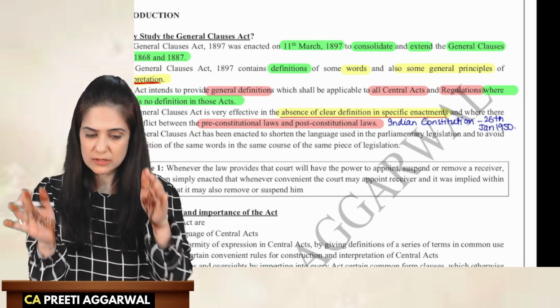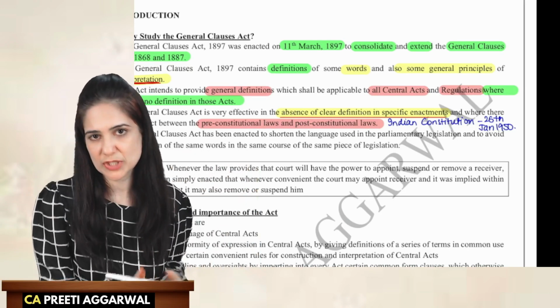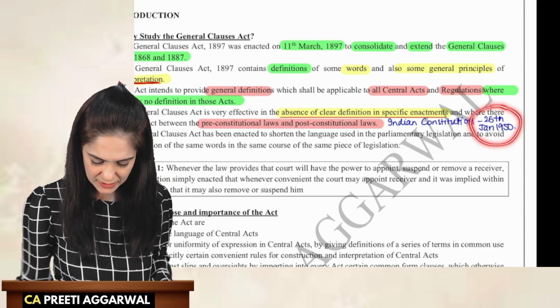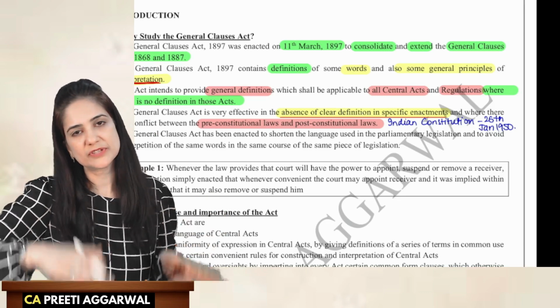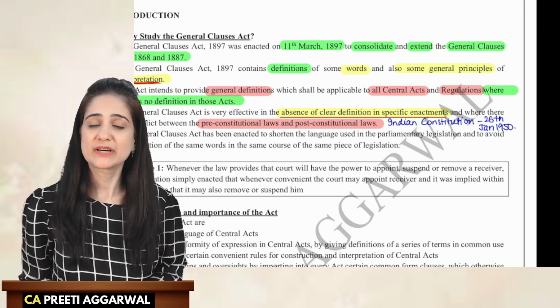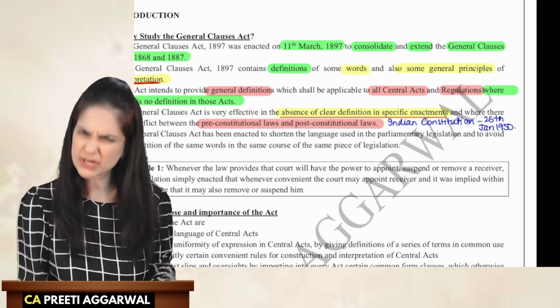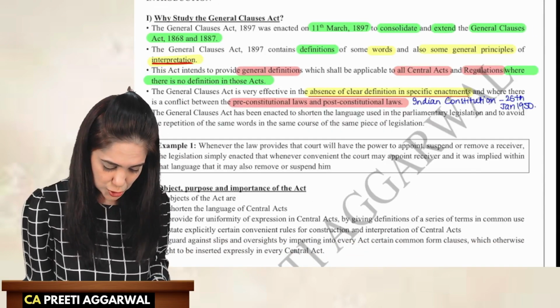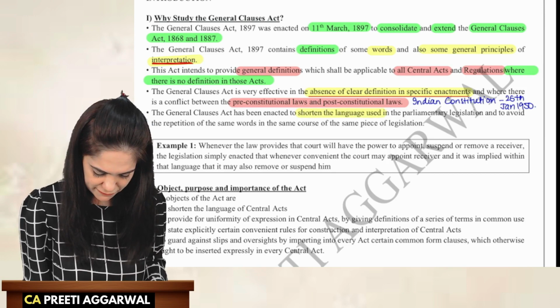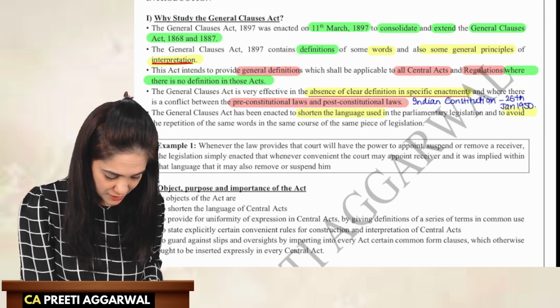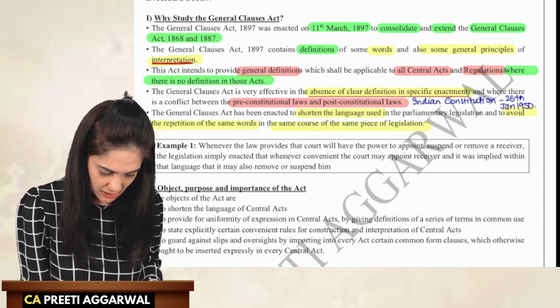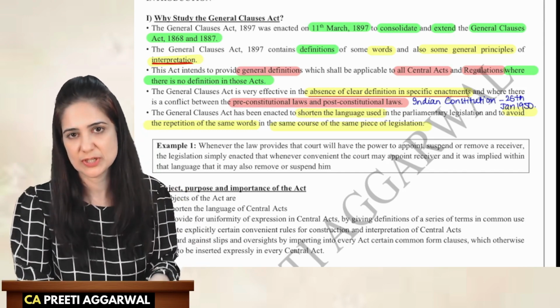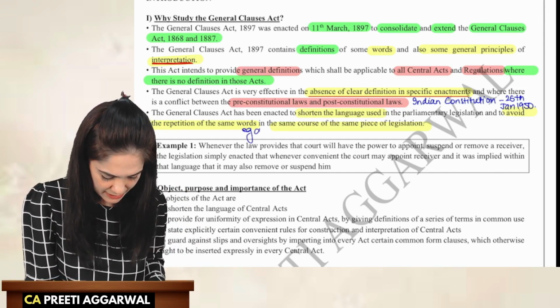So the laws before 26 January 1950 are known as the pre-constitutional laws, and the laws which are after 26 January are the post-constitutional laws. We are going to study all that in detail later. The General Clauses Act has also been enacted to shorten the language of law, to avoid repetition of the words in the same piece of legislation, like for example, director.